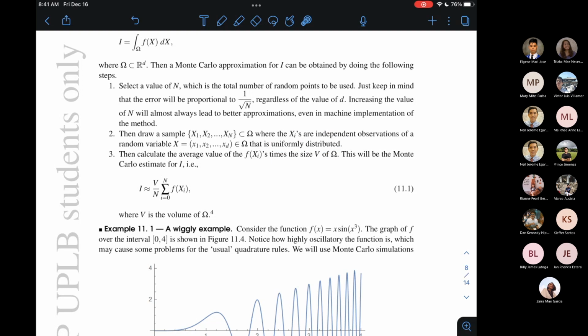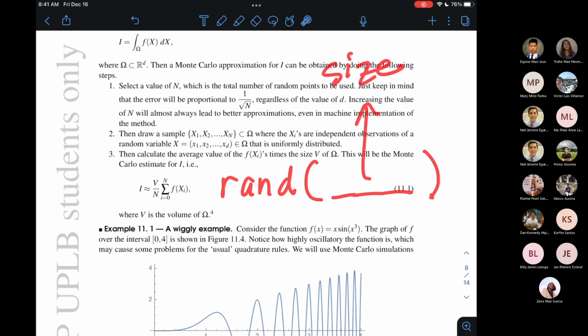All right. So meaning all of the points have equal probability of being chosen as a sample point. So you can take advantage of MATLAB's rand, then rand of something, where this something is the size of the vector that you want. All right.